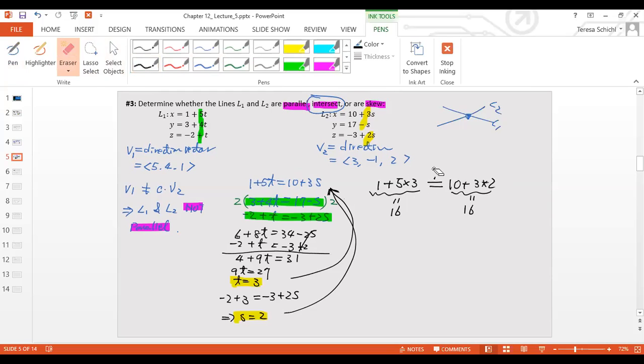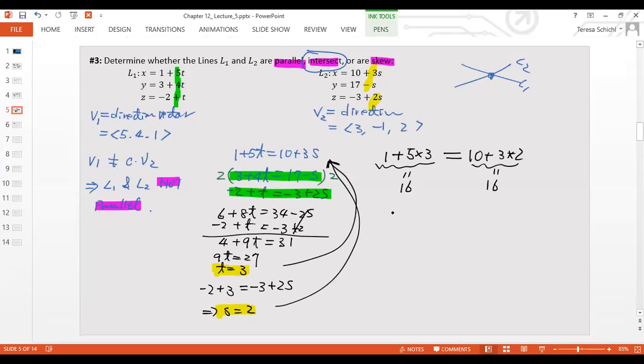So when they are equal, that means we have a solution. That means these two lines intersect. If they are not parallel and they do not intersect, then they have to be skew.